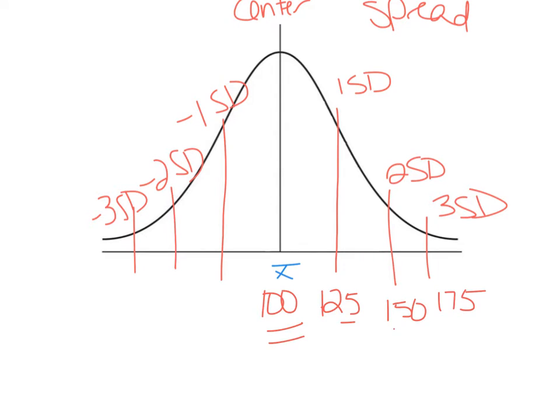All I'm doing is adding the 25, because in this case our mean was 100 and our standard deviation was 25. Okay, so then I would go backwards and I would subtract 25. So -1 standard deviation would be 75, and -2 would be 50, and -3 would be 25.